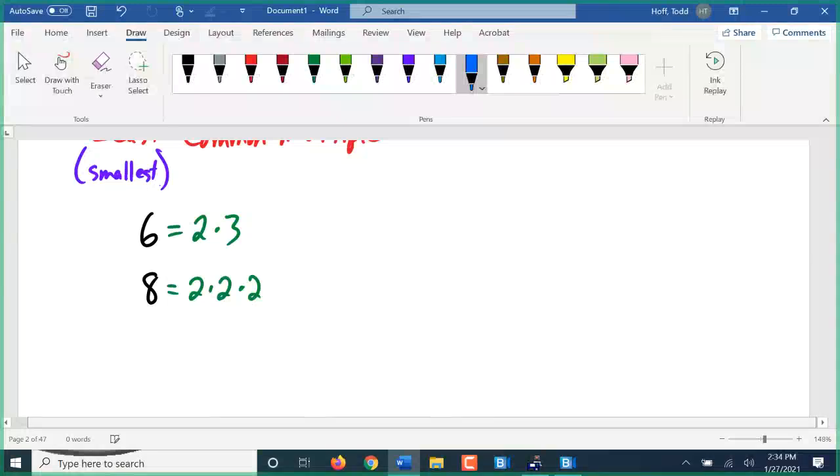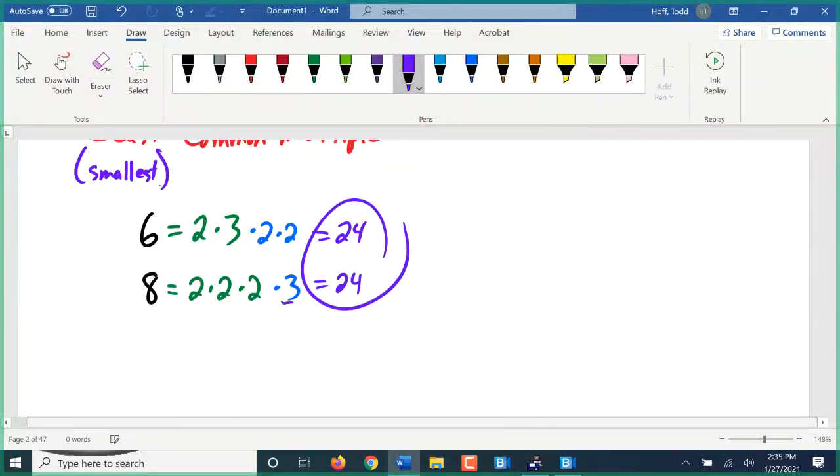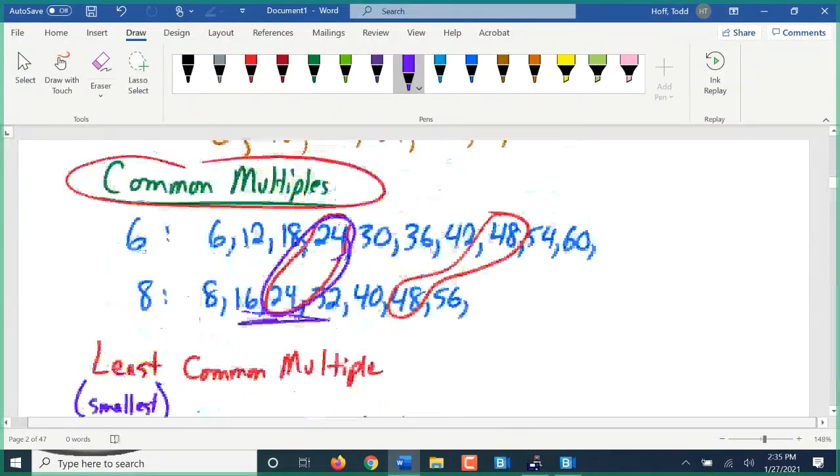Well, let's put a 3 down here with the 8. Are there any in the 8 that the 6 doesn't have? Extra 2s. If I take 6 times 2 and 2 gives me 24. If I take 8 times the missing 3, I get 24. That is the common multiple from up here.